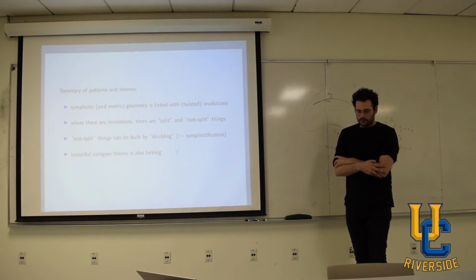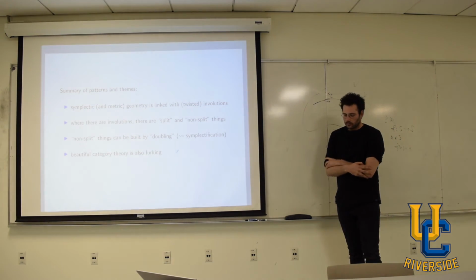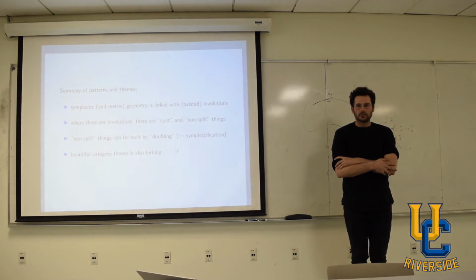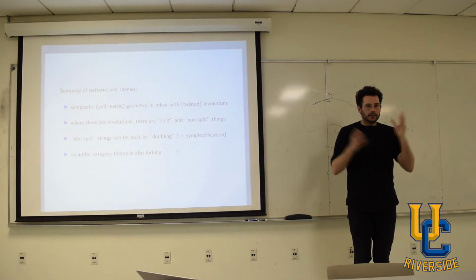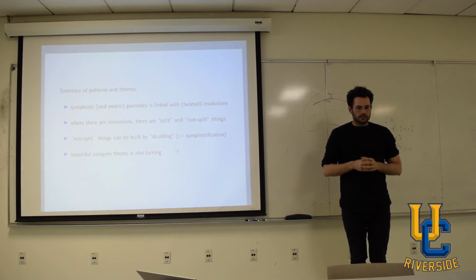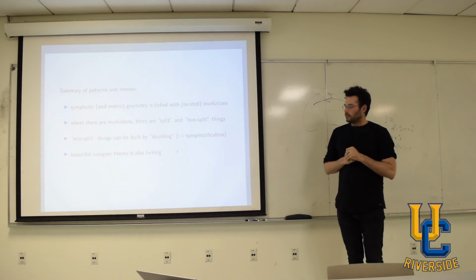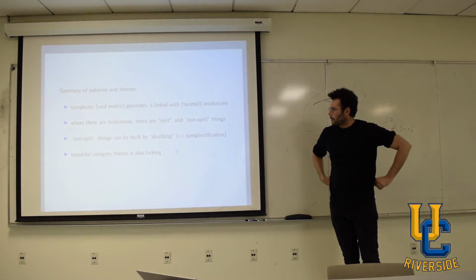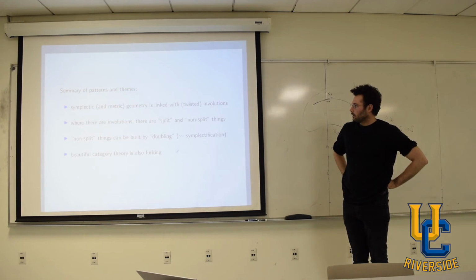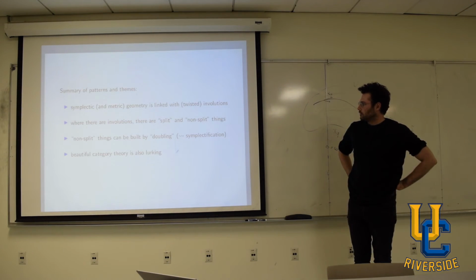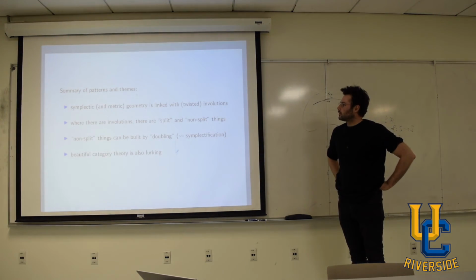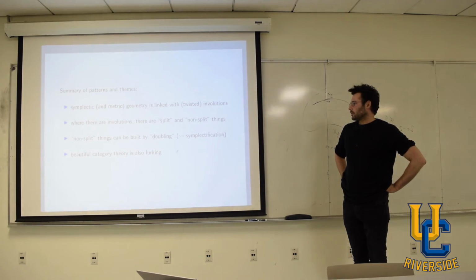Another general phenomenon is that when we look at indecomposables, this is connected with involutions: you have things that are invariant under the involution, so they're non-split, and then there are things that aren't invariant, but if you pair them with their dual, then they become invariant. These are the split things. And these non-split things can be built using some sort of systematic construction, which was simplification in this talk. And it seems like there's a lot of nice category theory here.